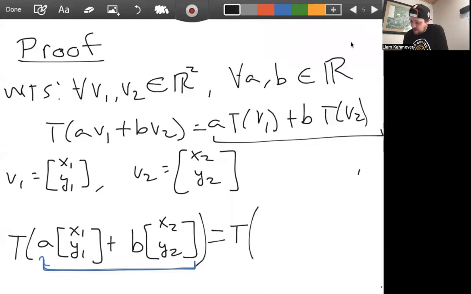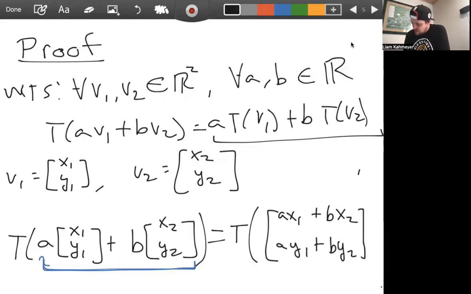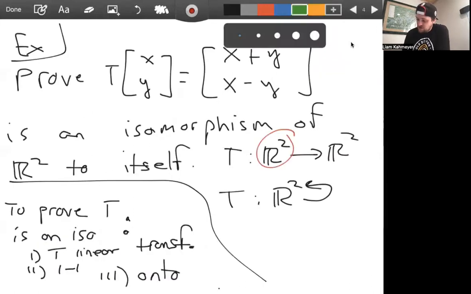This is T of, and you can see by two steps, first scaling (x1, y1) and (x2, y2) by a and b respectively, and then vector addition, we get that this is T of (a x1 plus b x2, a y1 plus b y2). So what is this? We have to look at the definition of our transformation here. The first component is x plus y.